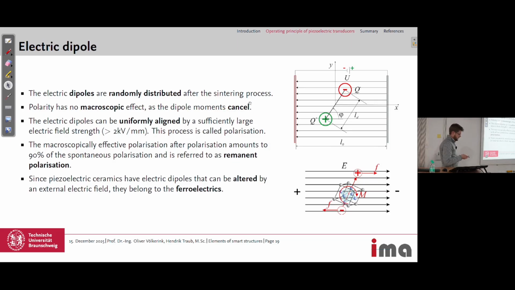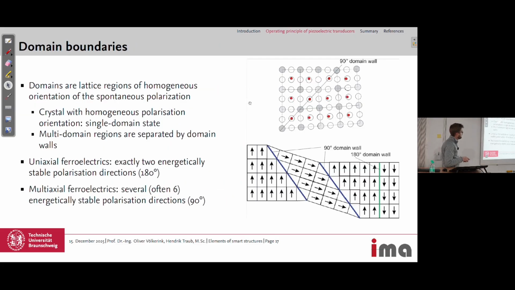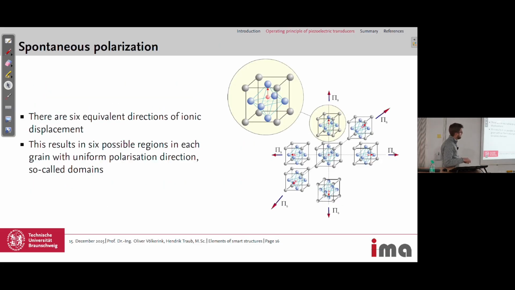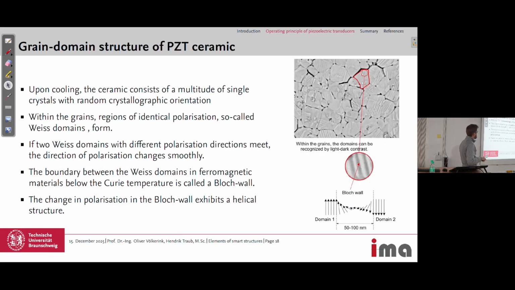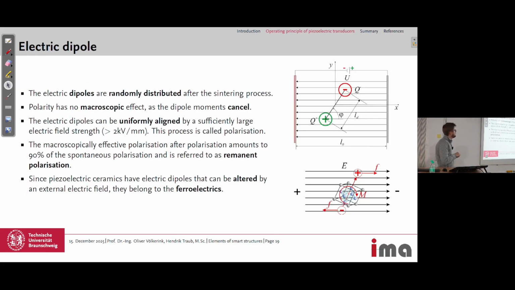If we go back, here we have after the spontaneous polarization, we could have these 6 directions of polarization, and this leads to randomly distributed dipoles, and the polarity has no macroscopic effects because the dipole moments cancel each other out between the different regions of polarization.